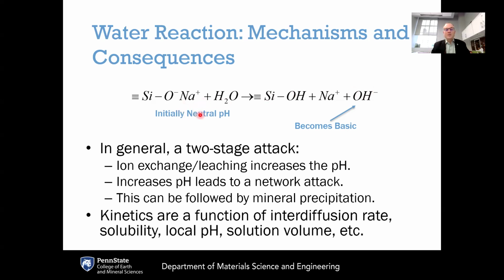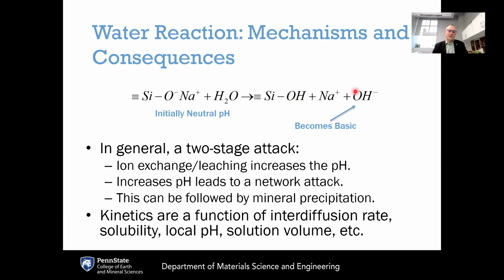So, for example, there's an ion exchange reaction here between the sodium ion and the H plus ion. The H plus then bonds to the silicon network, forming the silanol group, releasing the sodium ion into solution. And what was once a neutral solution here with an H2O molecule, what is left is the OH minus anion. And so our initially neutral pH has now become basic.